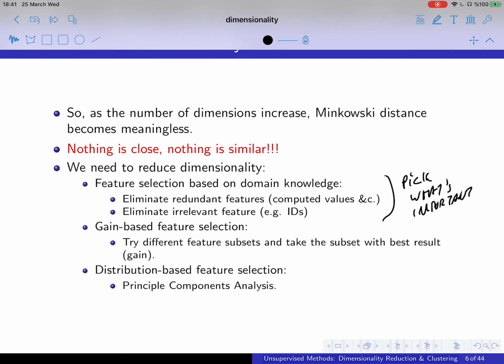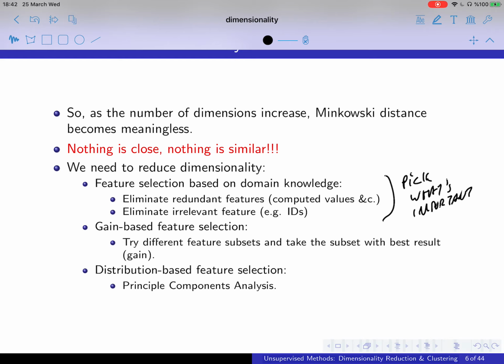So the expert can come and tell you, okay, if you're trying to look for breast cancer, then all you're interested in are these 50 genes, like PAM50. Otherwise, in other domains, there'll be a domain expert that will tell you which of the hundreds or thousands of features, or tens of features, is relevant to your classification task.